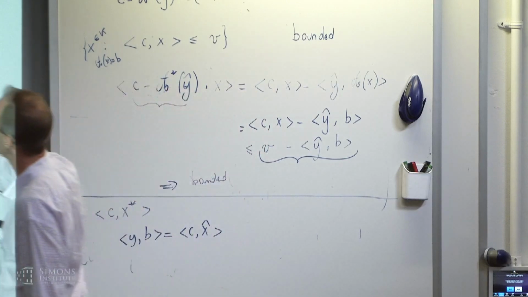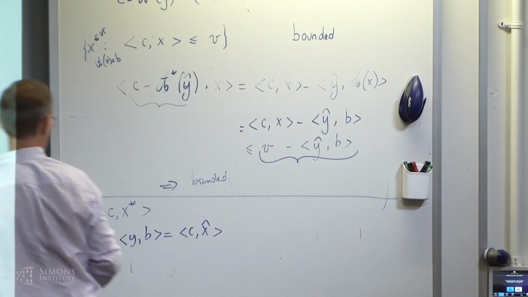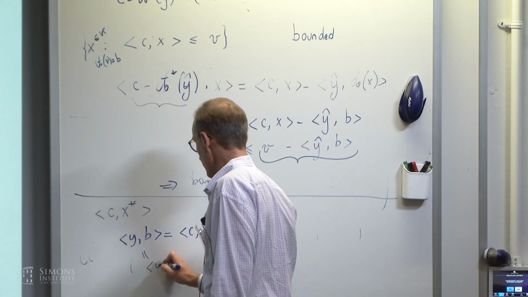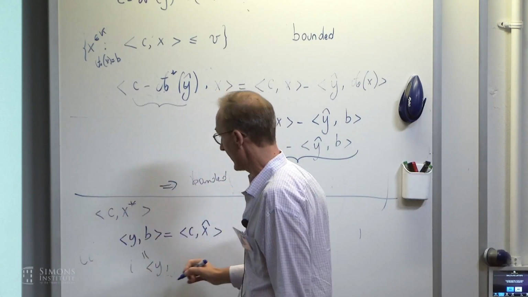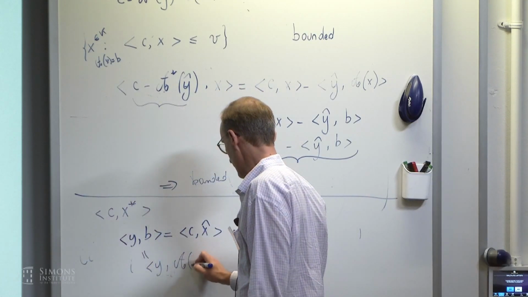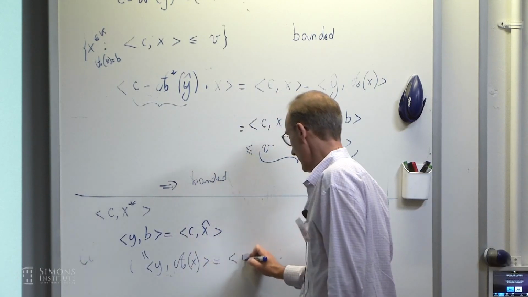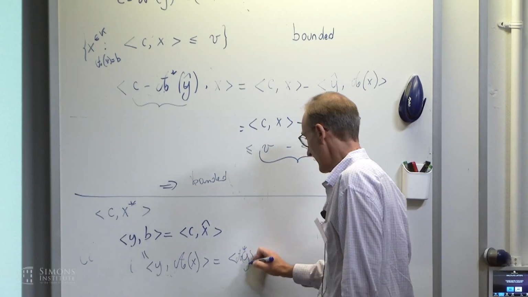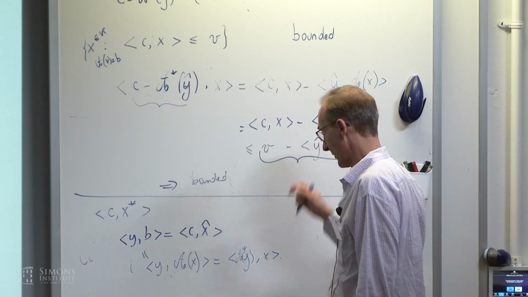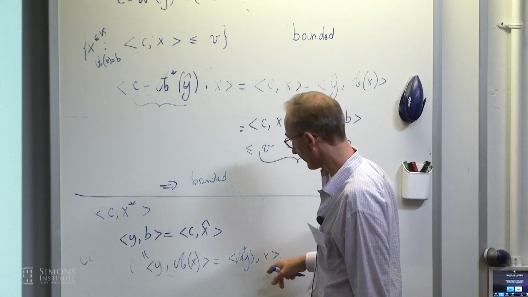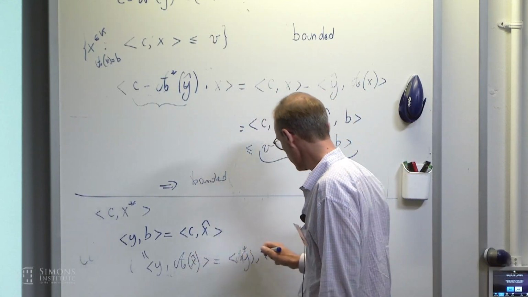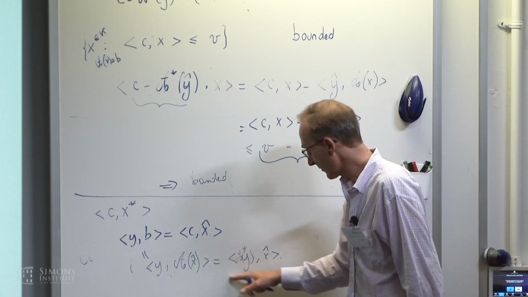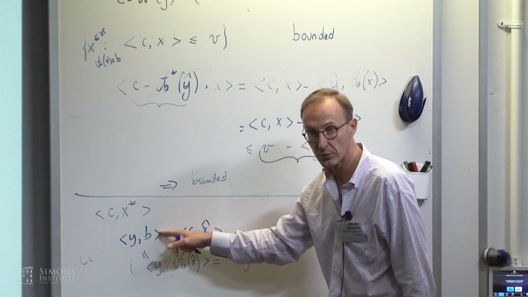What is yb? Yb is y times Ax, and so this is A star y times x. So I'd like to find a y such that this inner product is equal to that inner product.